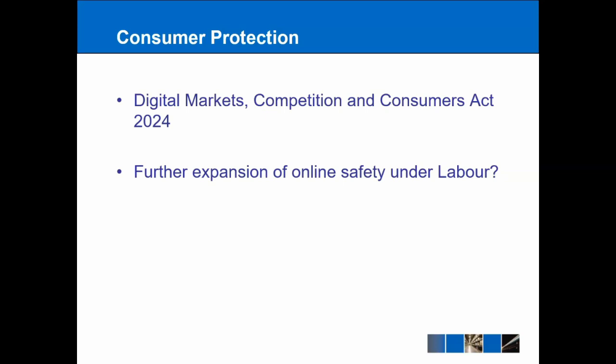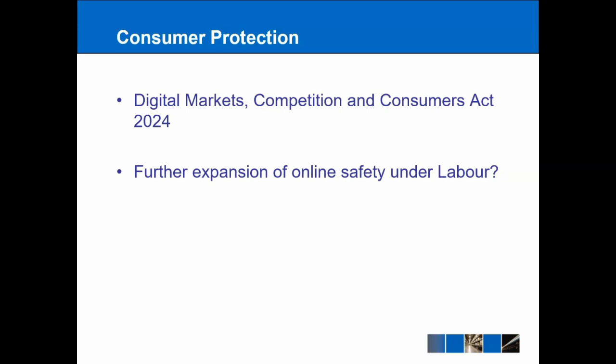Now, consumer protection is an area where the previous government was able to take action. The Digital Markets, Competition and Consumers Act 2024 received royal assent in May and basically gives the Competition and Markets Authority greater power to regulate some of the big tech giant players.